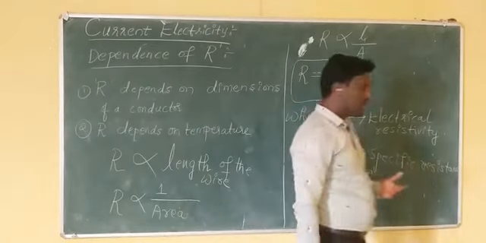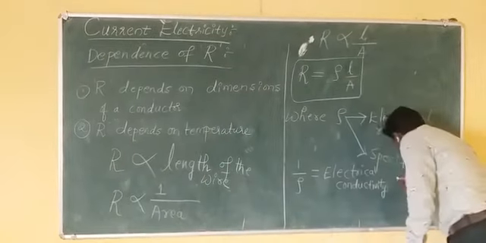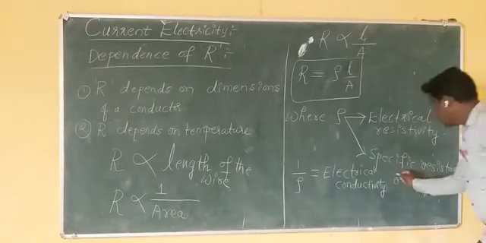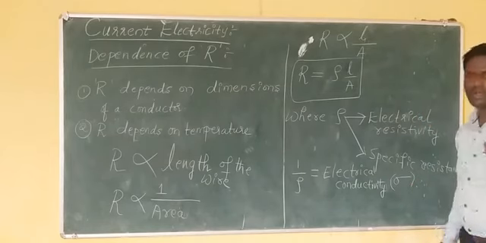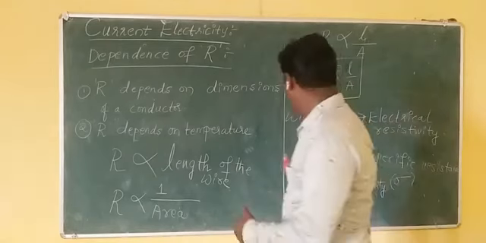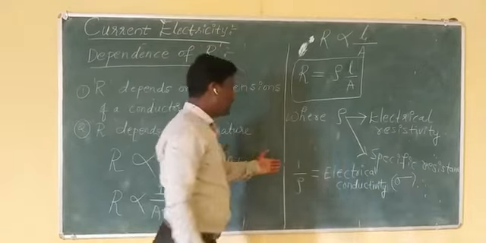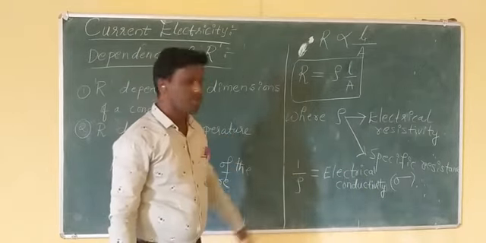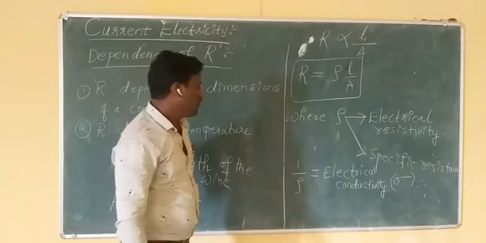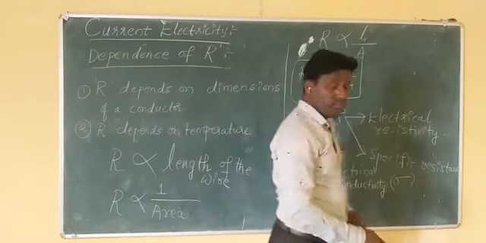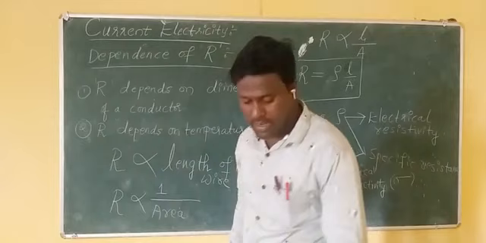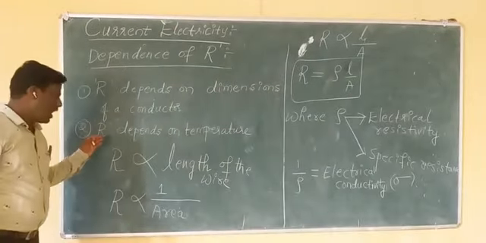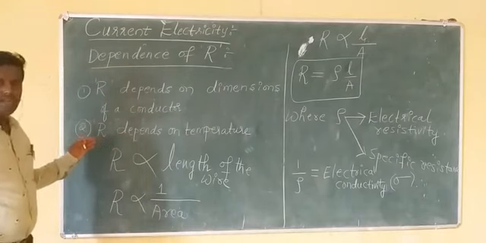What is its symbol? It is sigma. Remember, electrical conductivity is sigma. So the reciprocal of electrical resistivity is called electrical conductivity. What should the reciprocal of electrical resistivity be called? It should be called electrical conductivity.